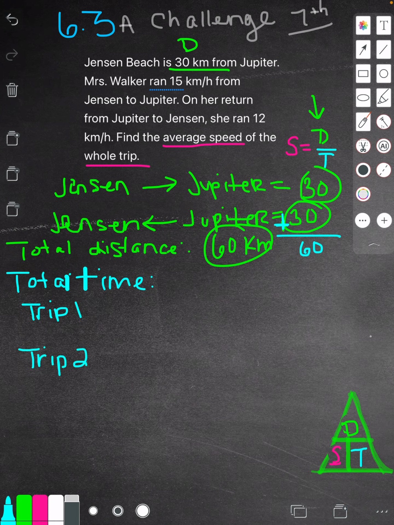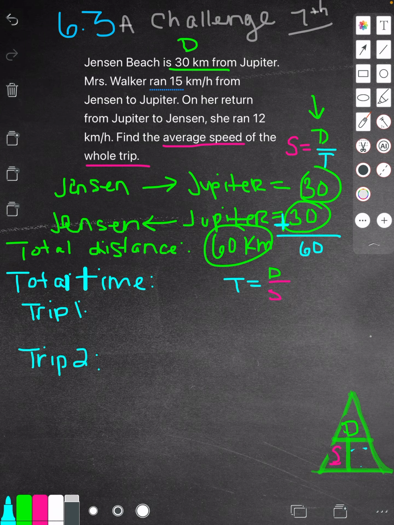This is a very extensive problem here. All right, so I'm coming over and I'm looking for time. If I'm looking for time, that means I cover up time on the distance speed triangle. And that means that I'm literally going to be looking for time, and that's going to be your distance over speed.